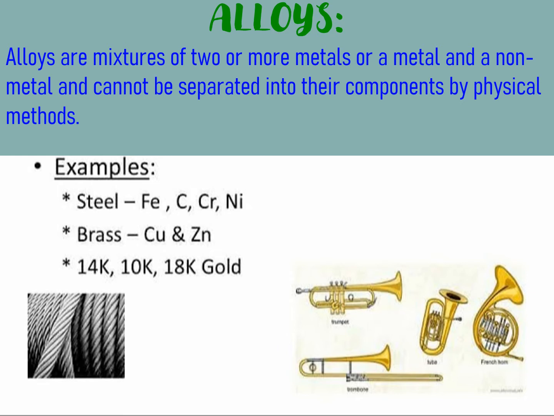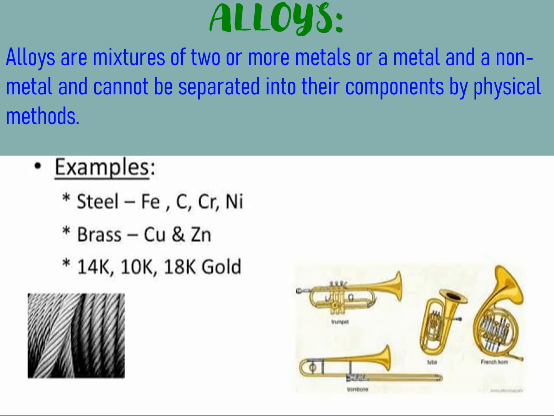But still, an alloy is considered a mixture because it shows the properties of its constituents and can have a variable composition. For example, brass is a mixture of approximately 30% zinc and 70% copper.